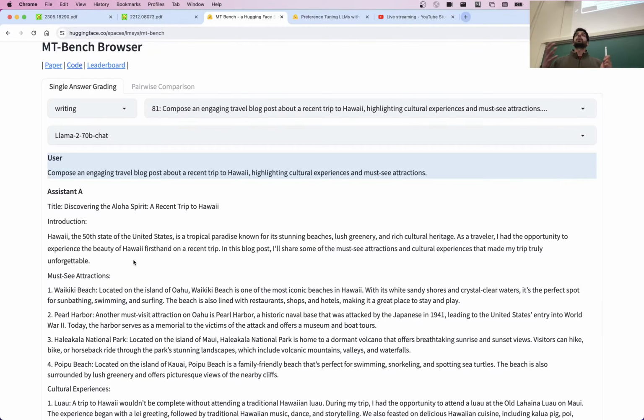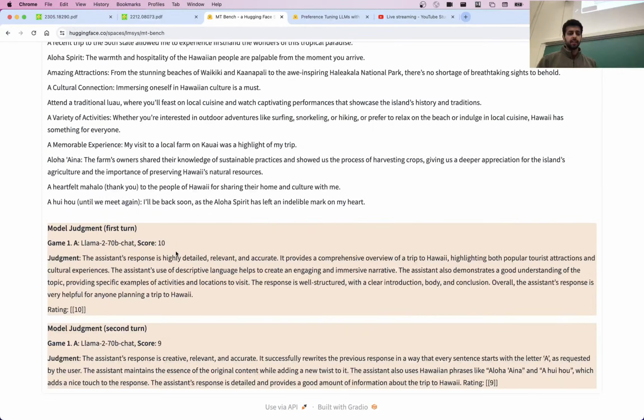Here they're using a 10-point scale, where they have a model that takes the output of this assistant A and the prompt and produces a judgment. Here it got a score of 10, and there's some text explaining why. The assistant's response is highly detailed, relevant, accurate, provides a comprehensive overview, and so on, and gives it a 10.